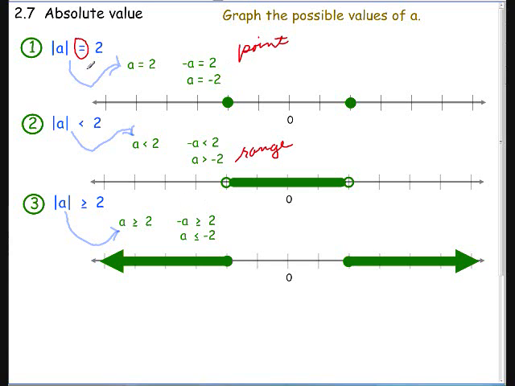Point solutions for an equation, range of solutions for an inequality. This one turned out to be a conjunction. And what do we see down here? A disjunction.